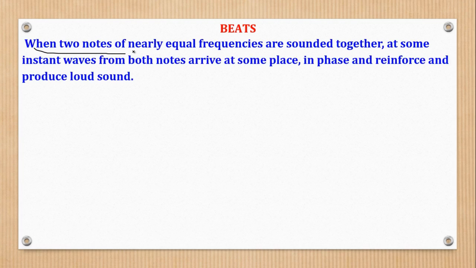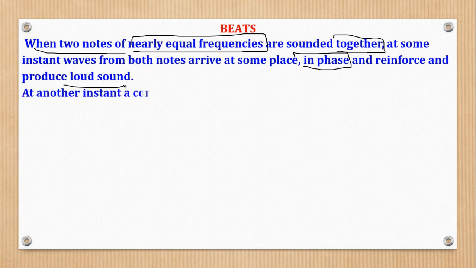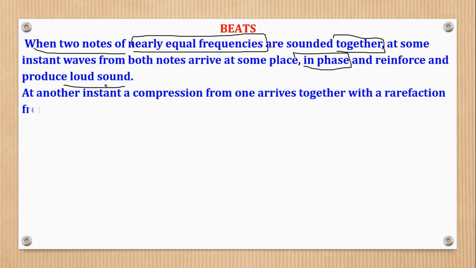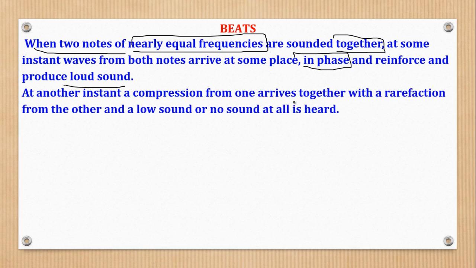When two notes of nearly equal frequencies are sounded together, at some instant the waves from both notes arrive at some place in phase and reinforce and produce a loud sound, while at another instant a compression from one arrives together with a rarefaction from the other, and a low sound or no sound at all is heard.